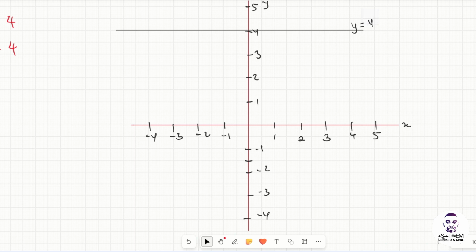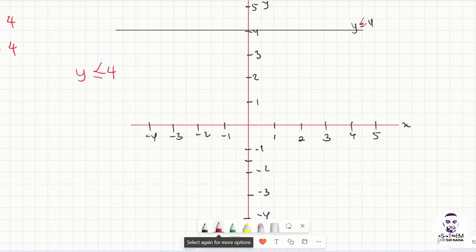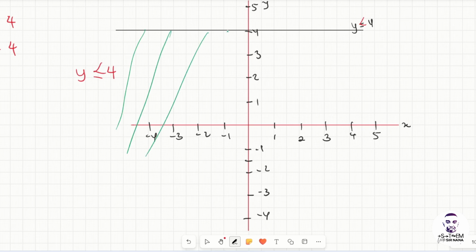But we need to find the solution of y being less than or equal to 4. So we see that y cannot be on the greater than side. It means that y being less than or equal to 4 will be shading all the portions here. So we are looking at all this side.